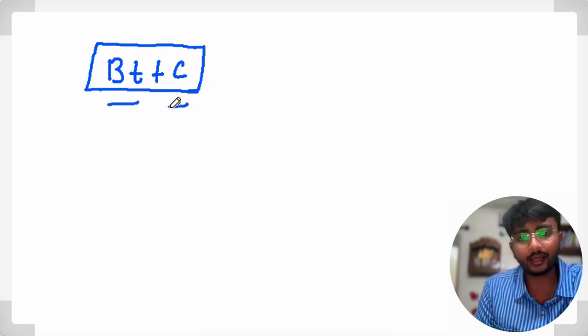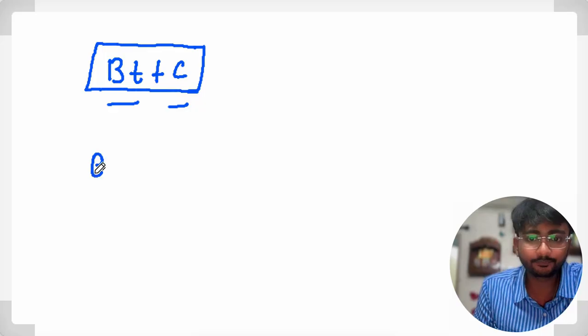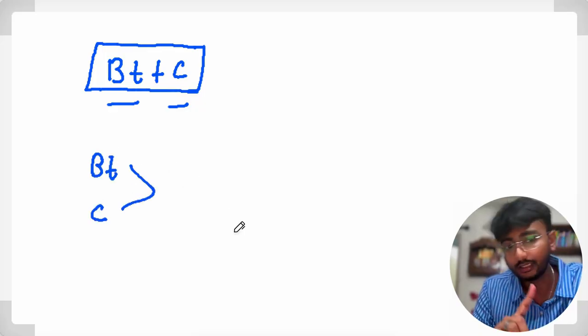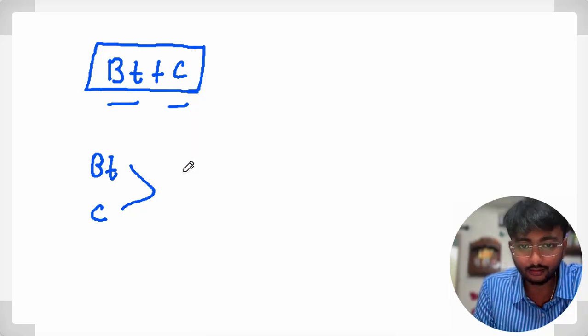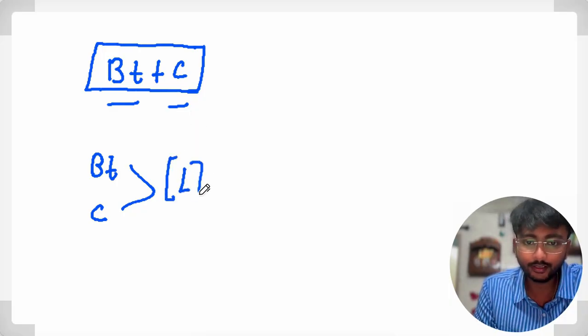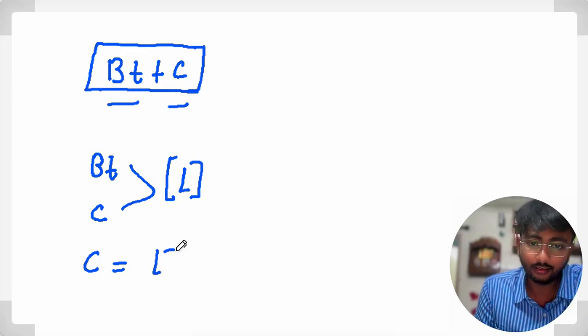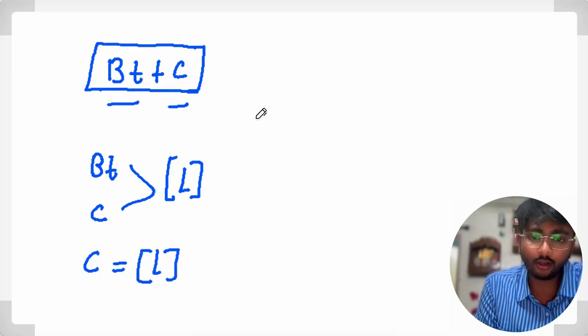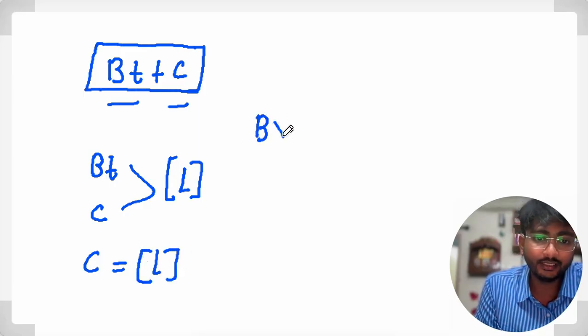And they will be equal to the dimension of the left hand side, that is L, right? So from here we can say that the dimension of c will be L, and for the dimension of b, how can we calculate?